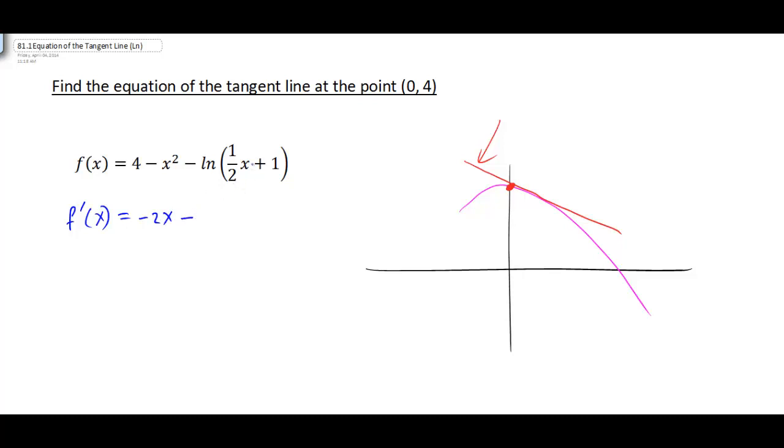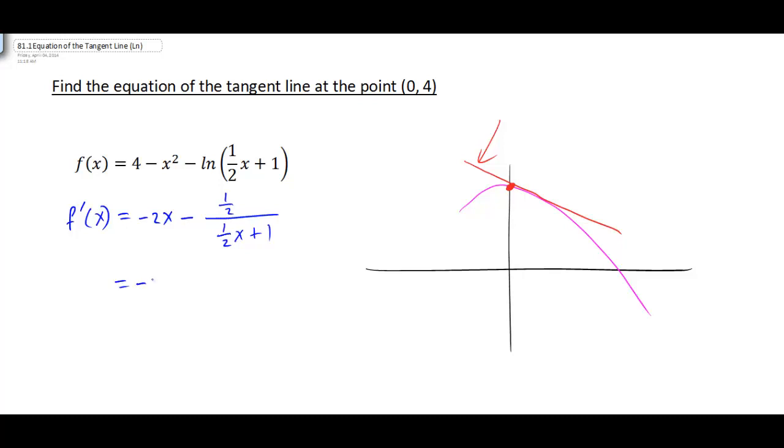Minus, and now we take the derivative of 1/2 x plus 1. That's our u, because remember, with natural log we're looking for du over u. So we would have 1/2 as the derivative, all over the u, which is 1/2 x plus 1. Then we can simplify from here.